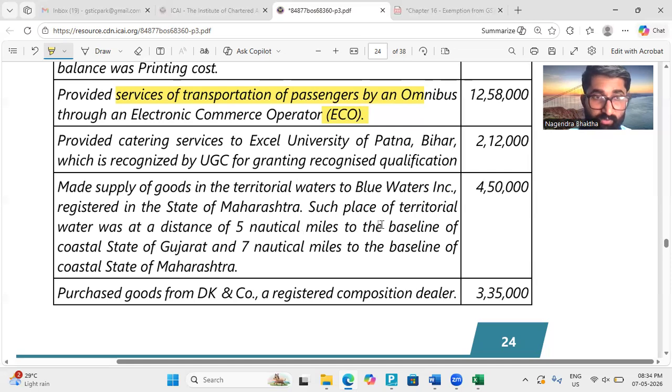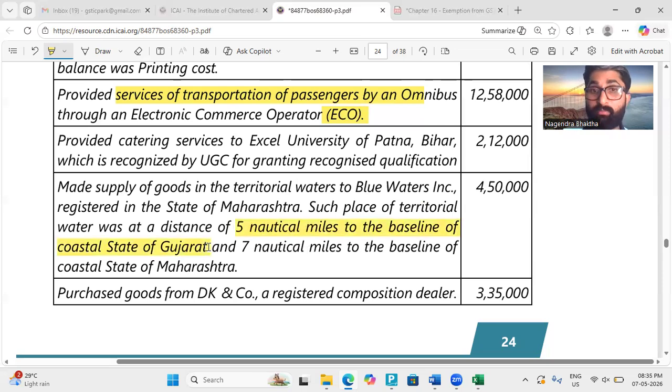Such a place in territorial waters was at a distance of 5 nautical miles to the baseline of the coastal state of Gujarat and 7 nautical miles to the baseline of the coastal state of Maharashtra. Which is the nearest one? 5 nautical miles to the baseline of Gujarat. So the nearest place is Gujarat here.